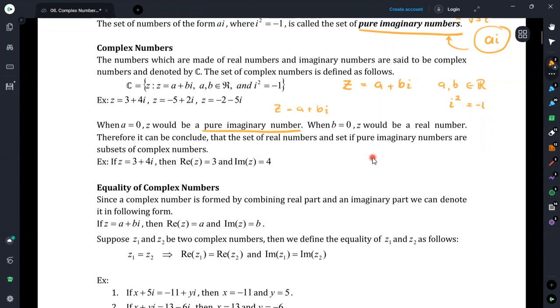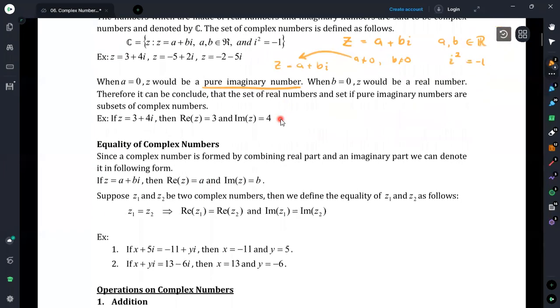But in a situation where A does not equal 0, as well as B does not equal 0, then we can see that the complex number exists. If A and B have non-zero values, then they are definitely complex numbers.